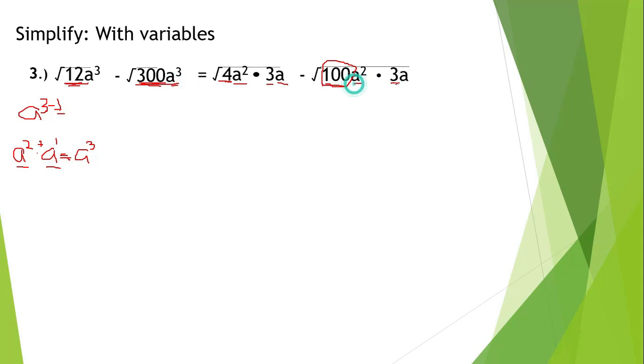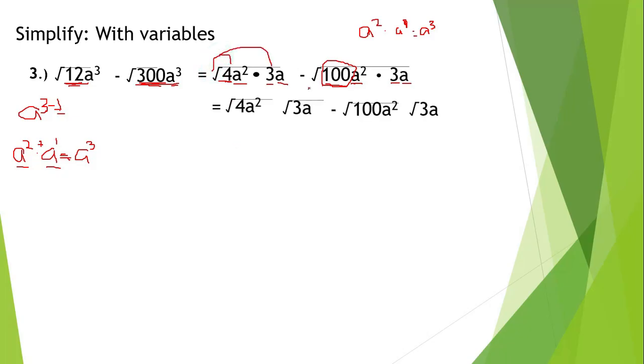This is the factor, because if we multiply a raised to 2 times a, then we have to add the exponents. That's why a raised to 3. Next, distribute the radical sign. That's why 4 square root of 4a raised to 2 times square root of 3a.